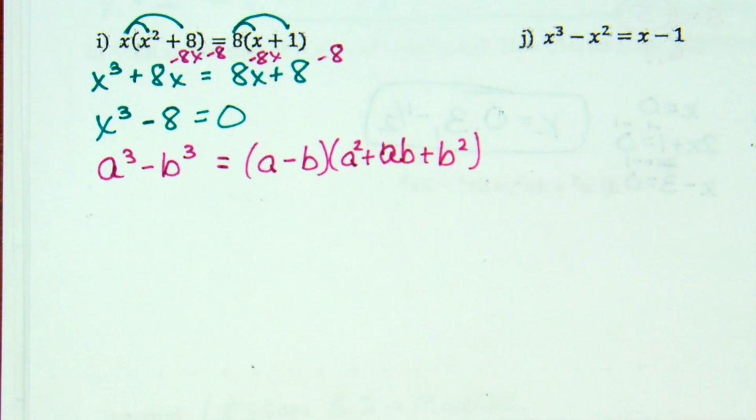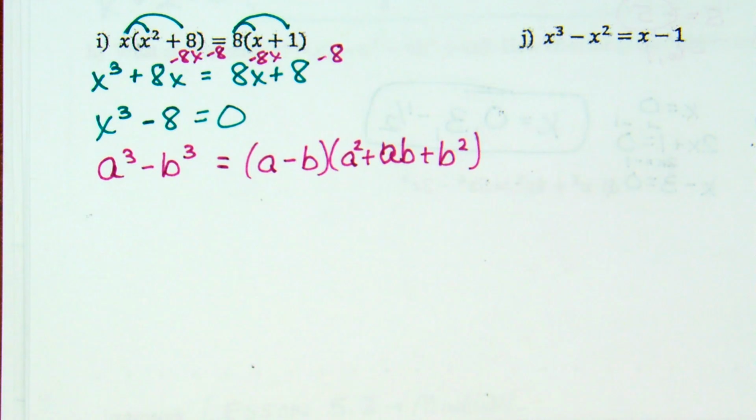Now, before we get started, my suggestion, figure out what a and b are. If x cubed is in the place of a cubed, what do we do to find a? We're going to take the cube root of x cubed. What's the cube root of x cubed?